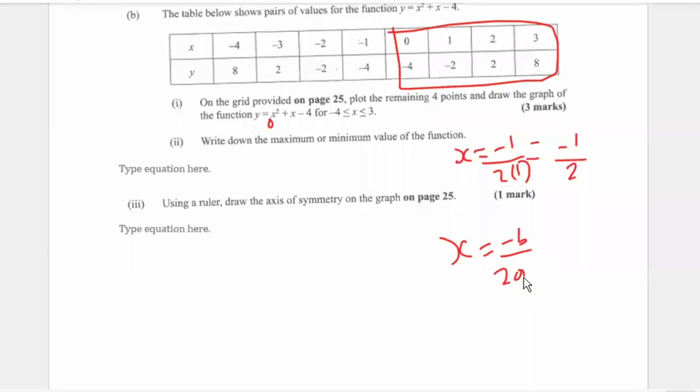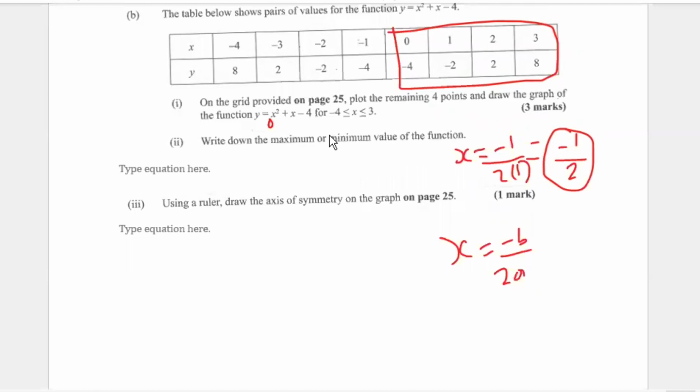Good. Now, let's say they ask us to find the minimum value for the function. You have now found the x value. You can input this number into your function to get the corresponding y value, which is read from the y-axis.